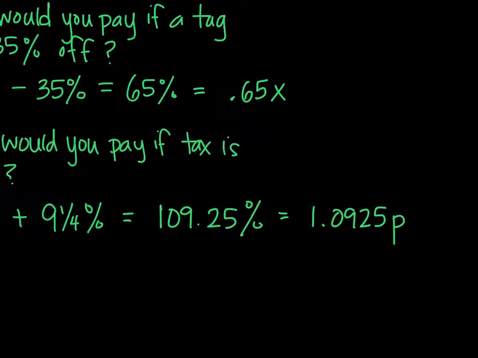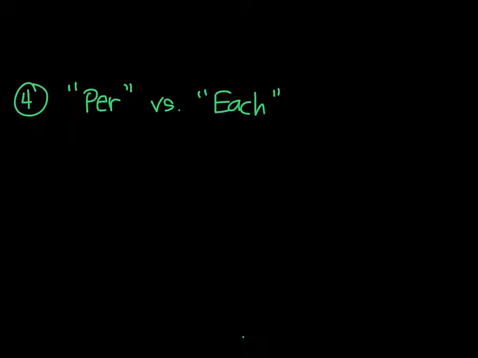All right, last thing. The last words you have to translate are per versus each. So for cable, you have to pay $79.95 per month or each month or something like that, those words.